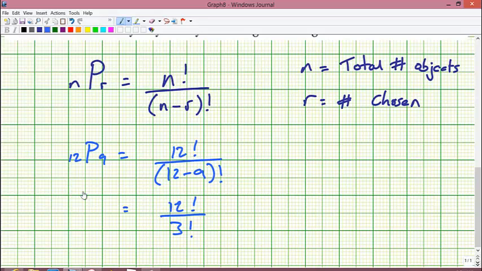And if we calculate that, 12 factorial divided by 3 factorial equals, and I get another extremely large number, 79,833,600. Okay? So please do that calculation yourselves, so make sure that you understand the workings of your own calculator.